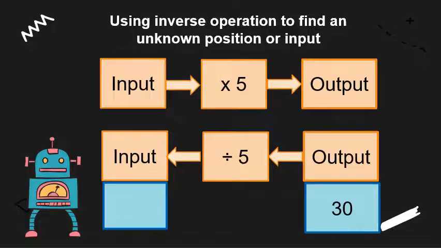So yesterday we were looking at function patterns as a relationship between two varying values. That could be the input and the output, or the position and a term in that pattern.